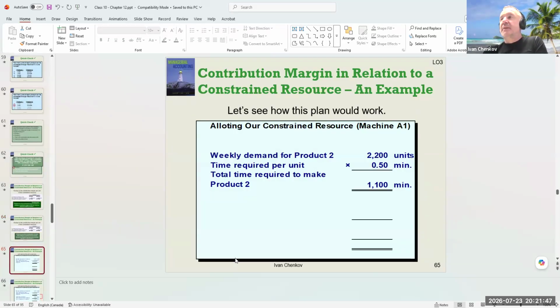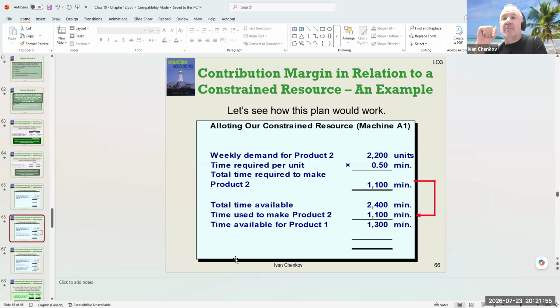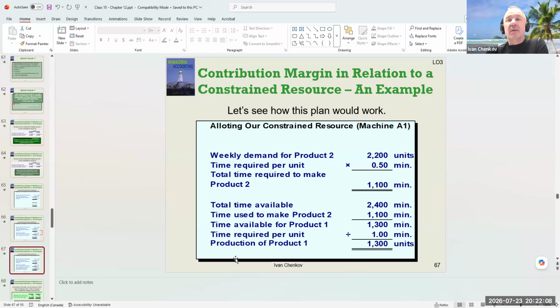First I'm going to produce the entire demand for product 2, for which I need 1,100 minutes. My capacity is 2,400 minutes from the machine. That means I have 1,300 minutes left. With those 1,300 minutes, I'm going to focus on product 1, since that takes 1 minute to produce.